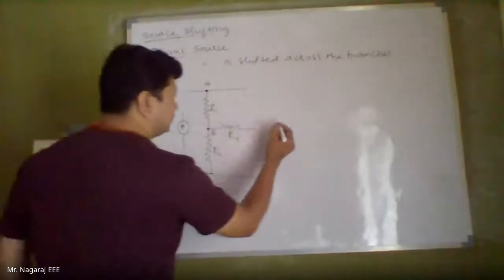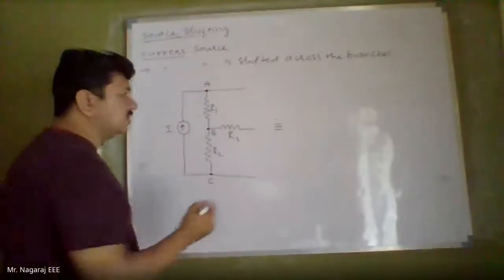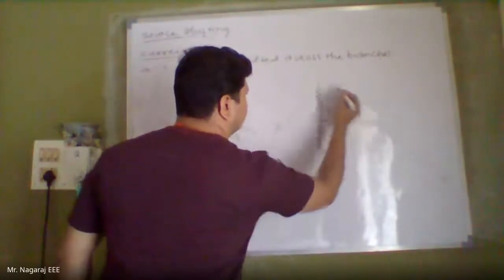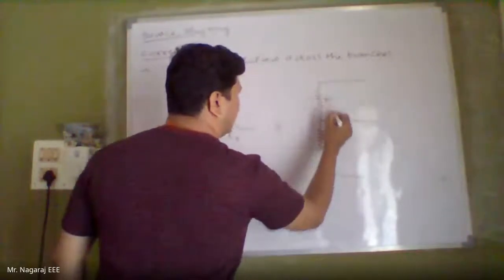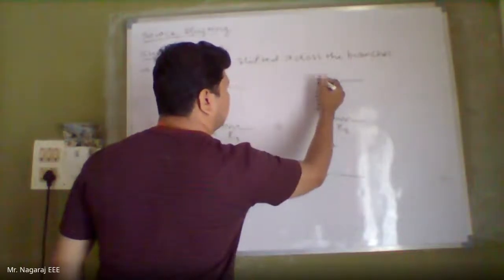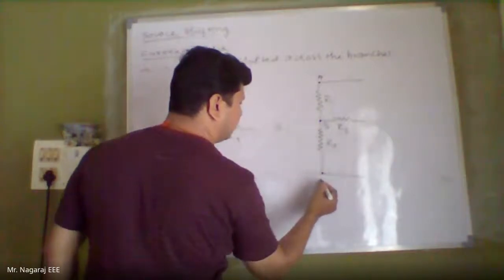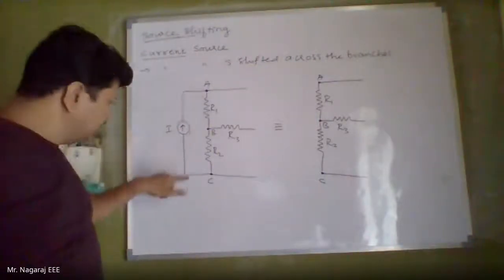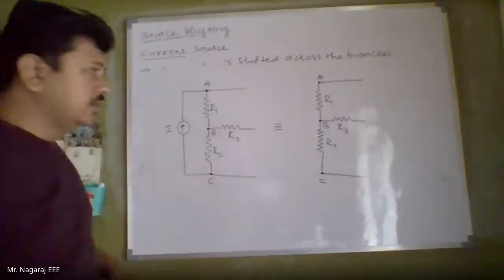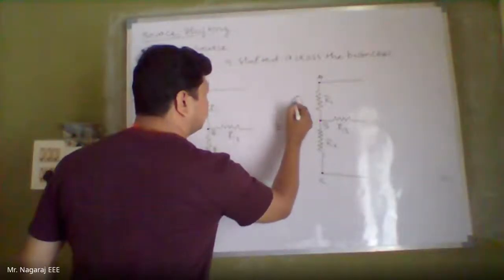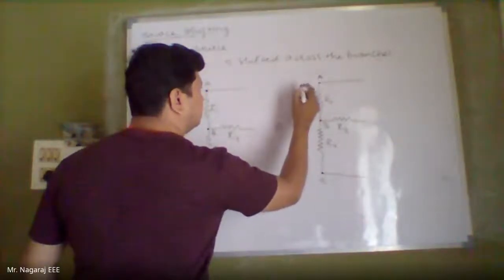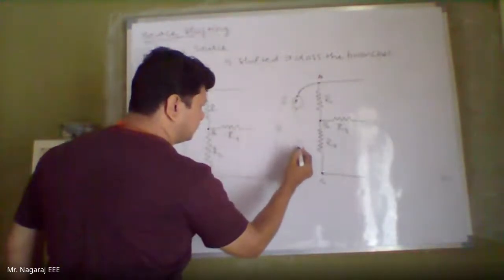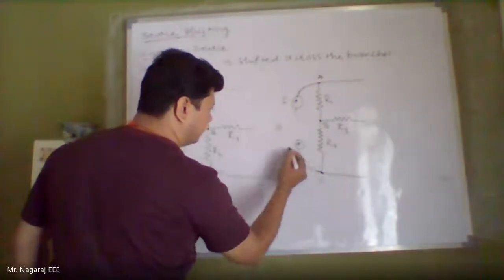Now if I want to shift this, equivalently what I get is three resistors R1, R2, and R3 with nodes A, B, and C. What I told is that current should enter at node A, because this current I amperes is entering at node A. Current should leave from node C, because this current of I amperes is leaving from node C. So there will be one source with the same current I amperes connected, and another source with the same current I amperes connected.